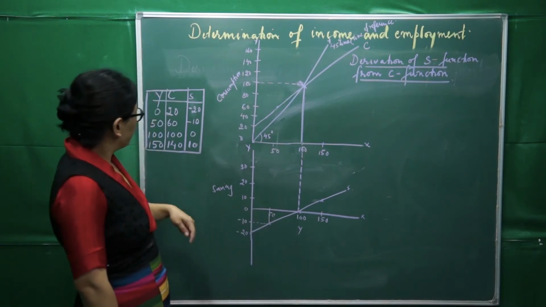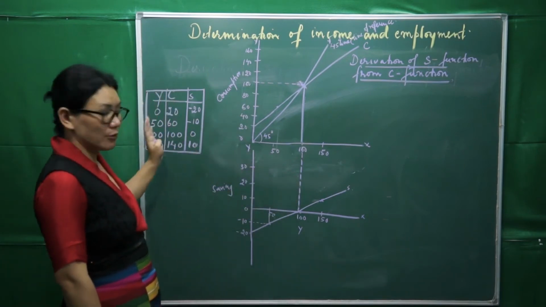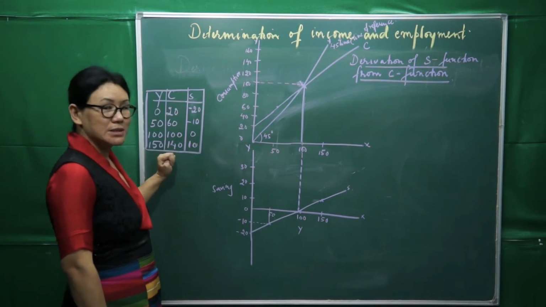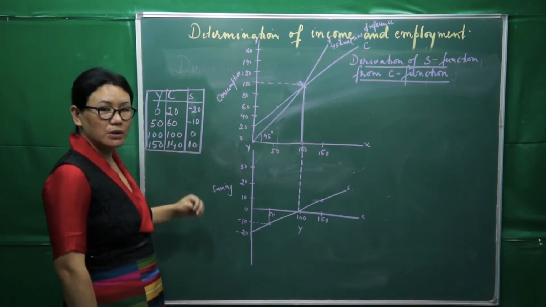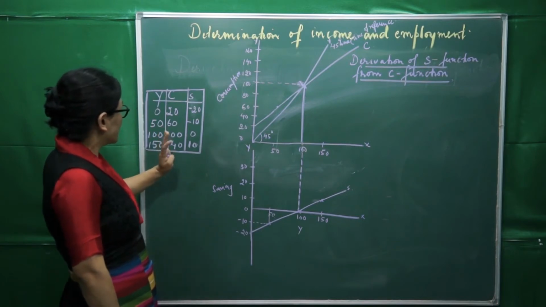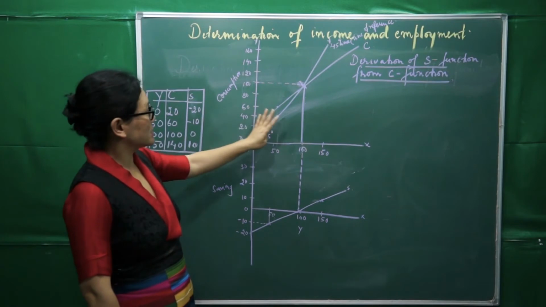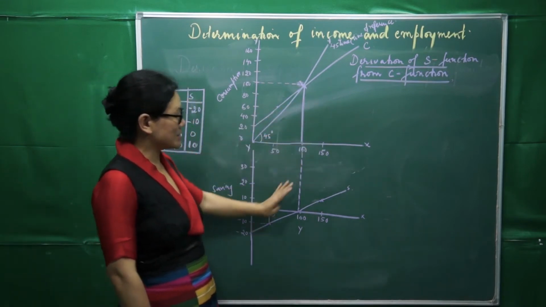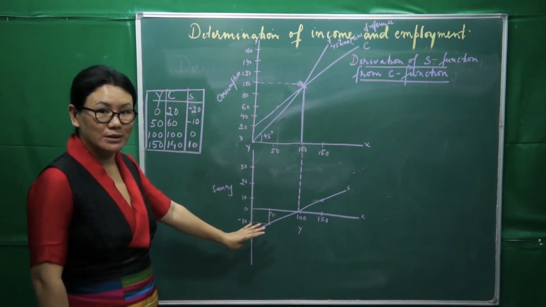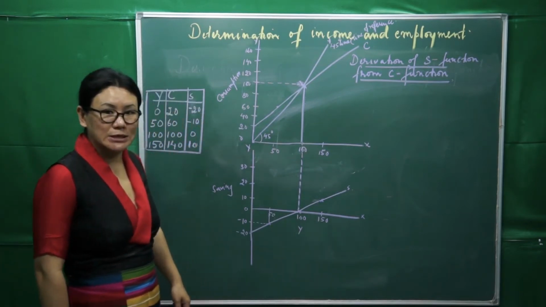To draw this too, again, we use this schedule, or you can go for any other schedule too. I've used this schedule, and on the basis of it, the consumption function is drawn as well as the saving function. Is that clear? Now let's see the derivation process here.